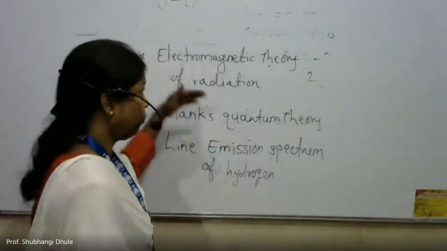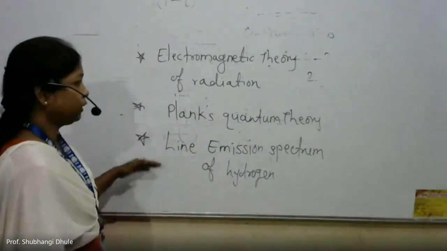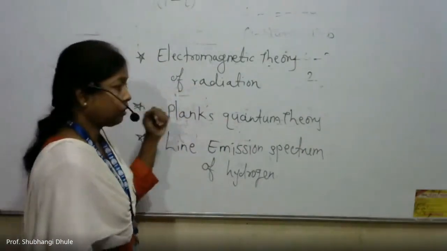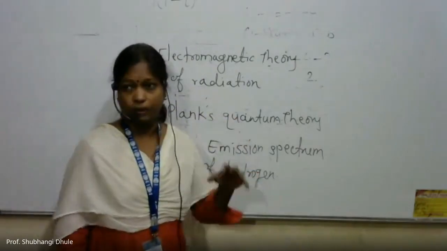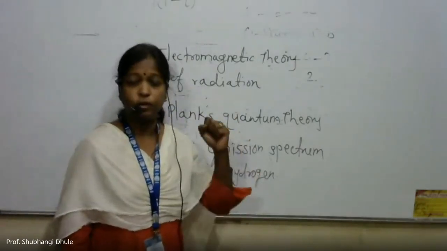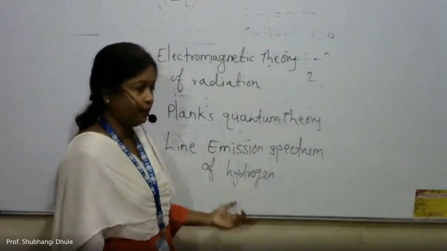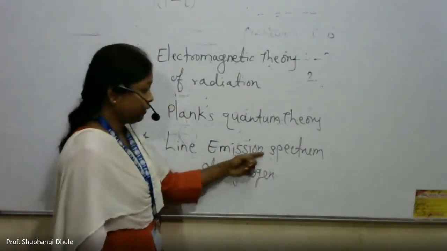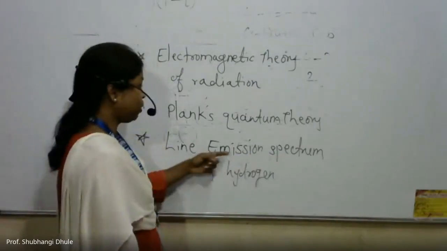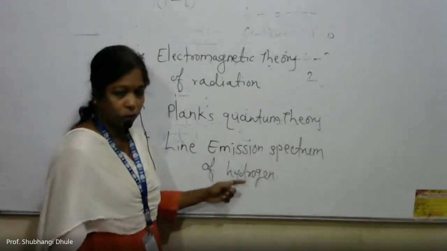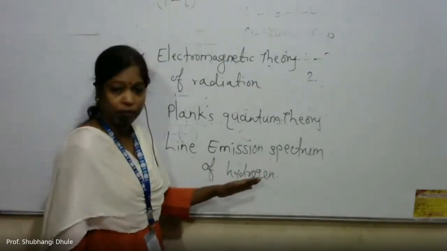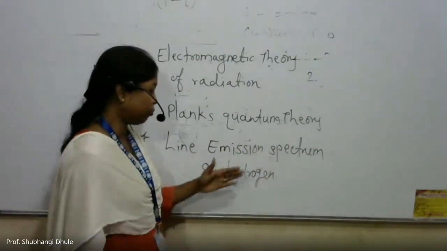We are not going into the details, but we are supposed to learn the things concerned with Bohr's theory, or how Bohr utilized these theories. In your syllabus, the line emission spectrum of hydrogen is included, and nothing is cut from it.